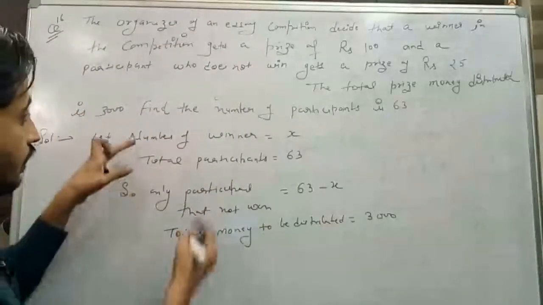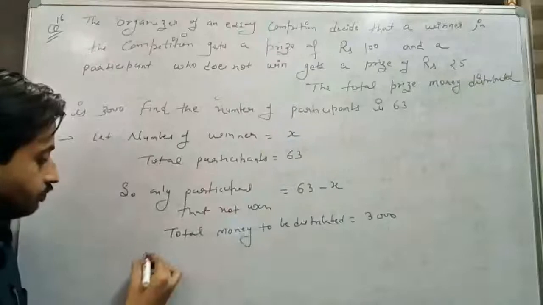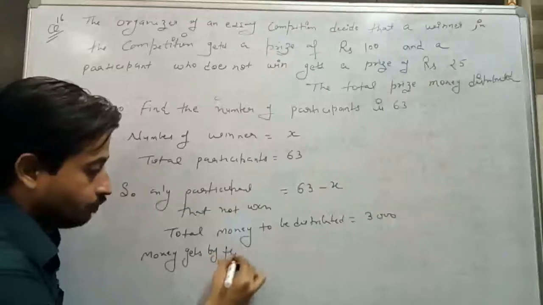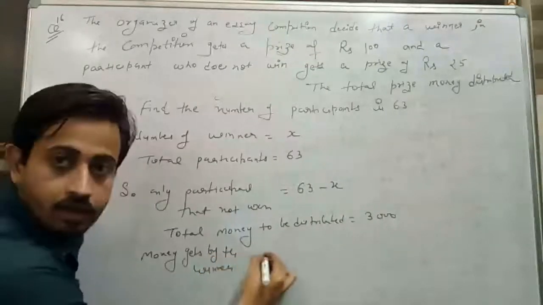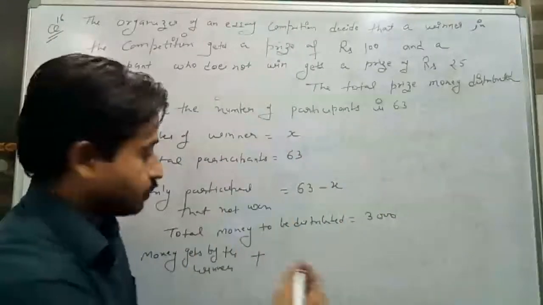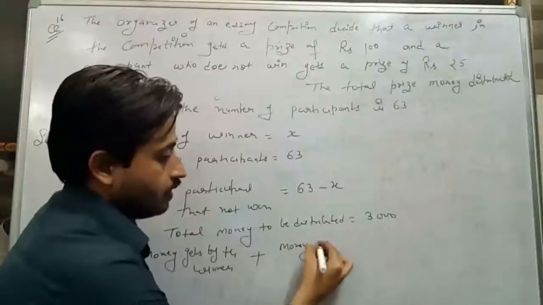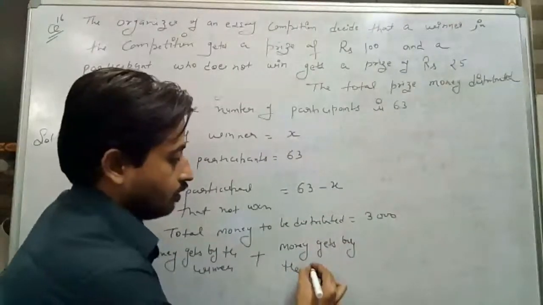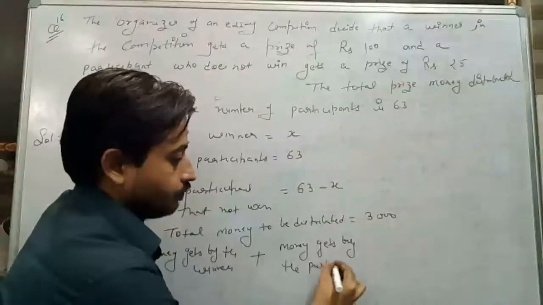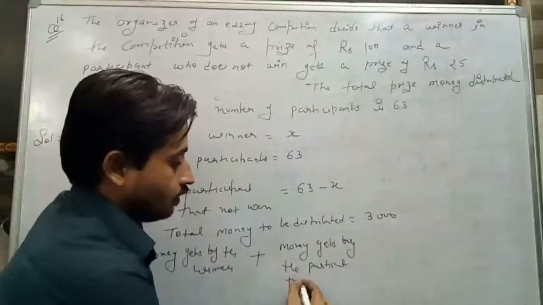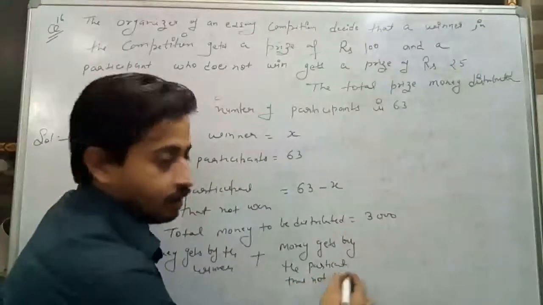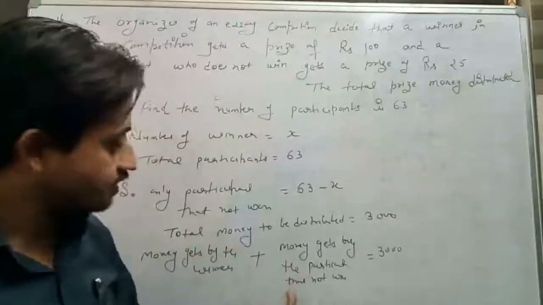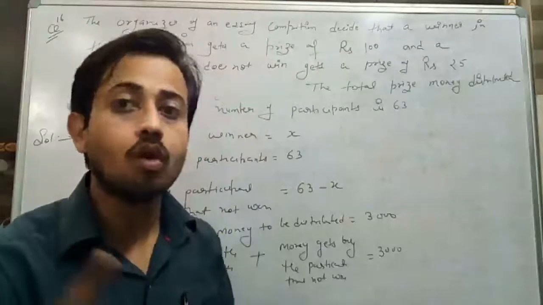So money received by the winners plus money received by the participants that did not win, which is equal to 3000. This is the money received by the winners and this is the money received by the participants who did not win.